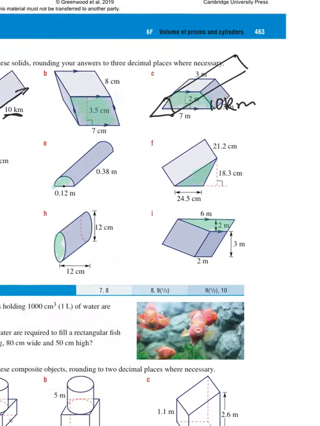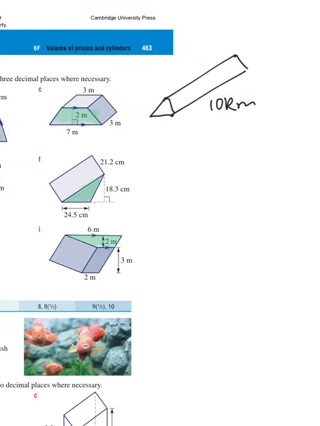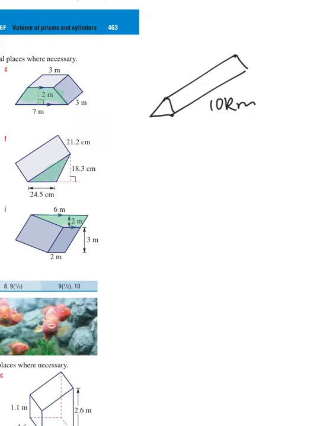It had a base of 3 kilometres and the height of the face was 2 kilometres. So 10 k's there, 3 kilometres on the bottom, and the height here was 2.